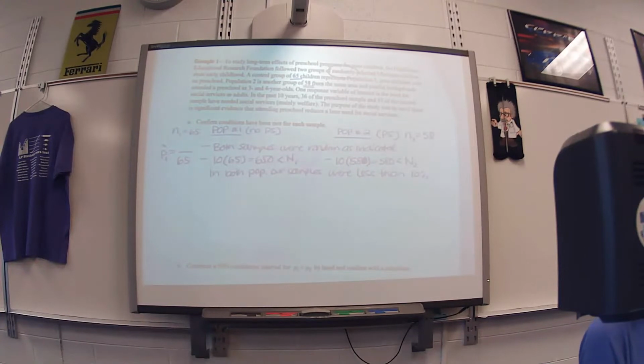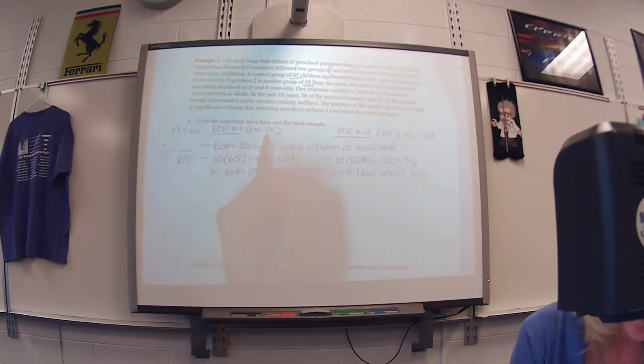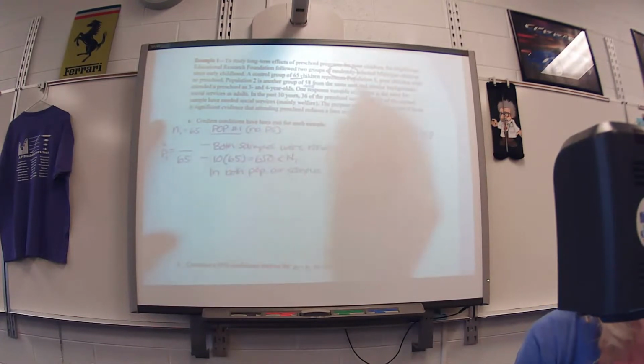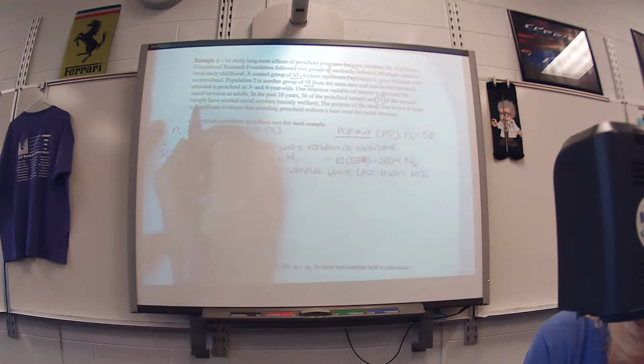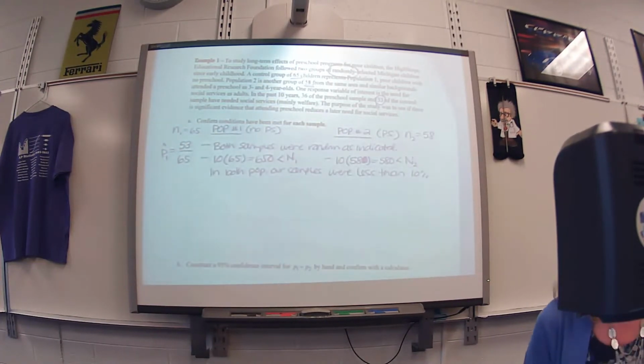However, in this case, who we're counting is how many kids needed welfare, how many families needed welfare. Okay, that doesn't exactly sound successful to some of us, but that's what we're counting here. All right, so in this case, how many of these adults years later needed welfare or social services if they did not have preschool? All right, that's, yep, 53 of the control sample needed social services. Don't turn that into a decimal yet. Just leave it alone right now.